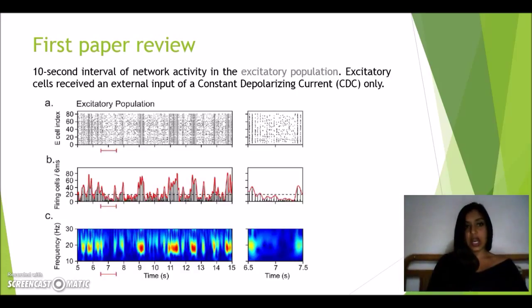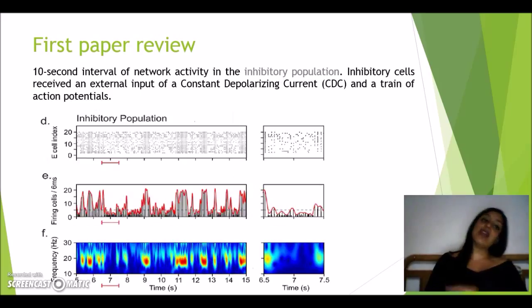inhibitory population. So here we have an image of a 10-second interval of network activity in the excitatory population, which is responsive to what happens in the inhibitory population. These excitatory cells received an external input of a constant depolarizing current only. They didn't receive anything else. And you can see there the firing frequency for that population of neurons. And then we have the same 10-second interval of network activity in the inhibitory population.